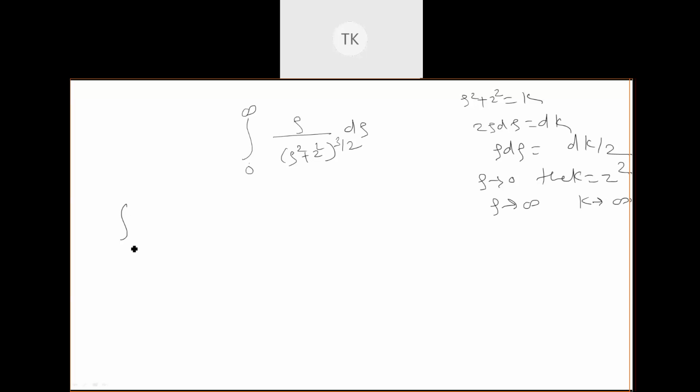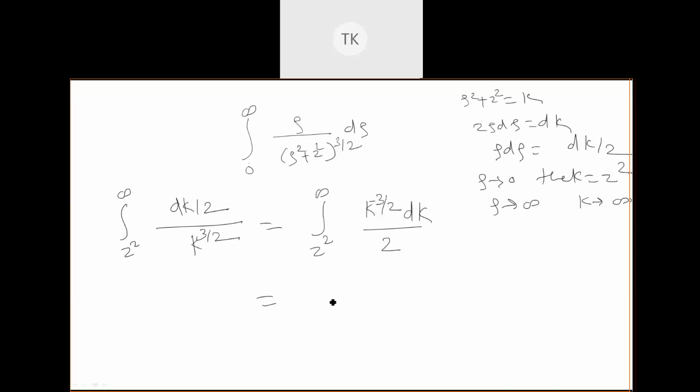So we will replace this part here. 0 means z square to infinite, rho d rho means dk by 2, and what will be the denominator? Rho square plus z square is k raised to 3 by 2. Okay, we will solve this expression. Dk by 2 will be equal to integral z square to infinite of k raised to minus 3 by 2 dk divided by 2.